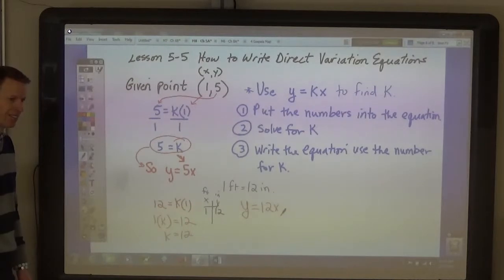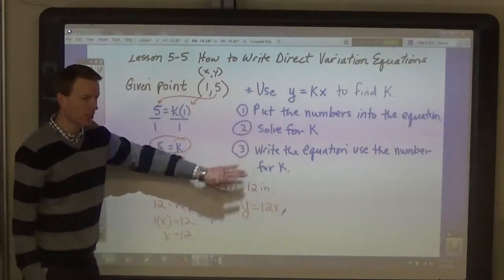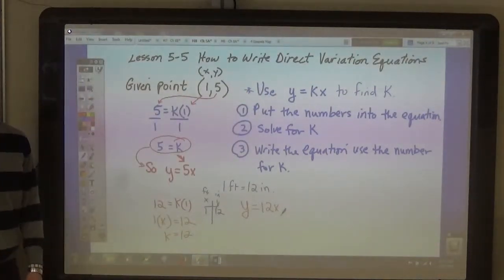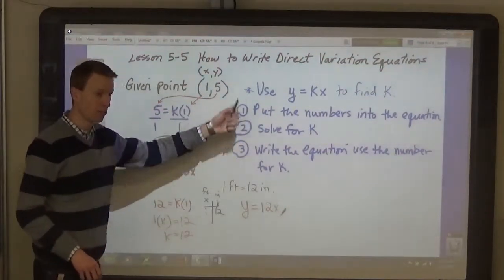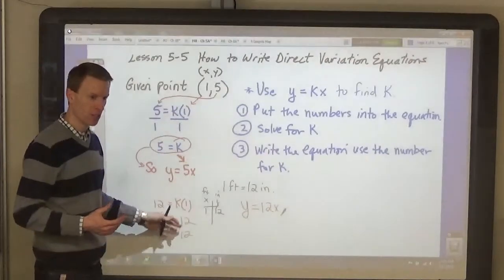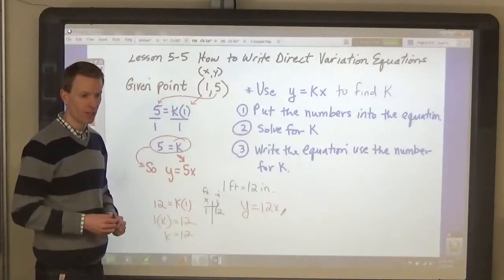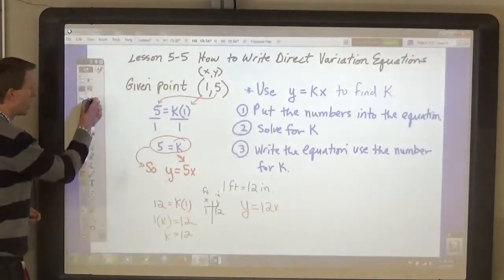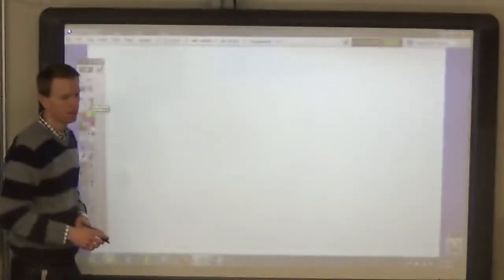That's the process that I want you to learn how to do. It's cool because you can use this process to write an equation for any of those conversions that you learned how to do last year. I remember teaching you in 7th grade how to find those conversions.